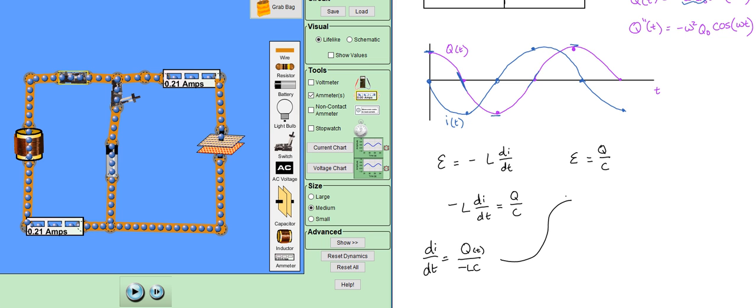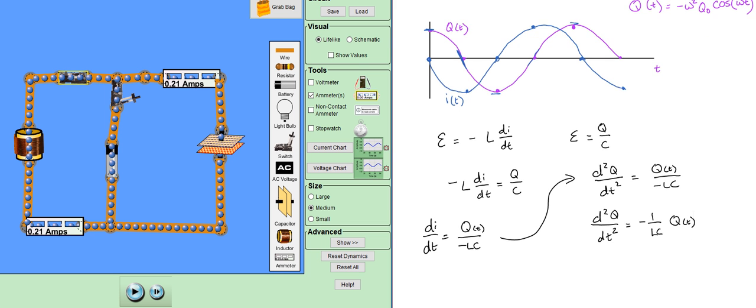So di dt is the same thing as d squared q dt squared, which is what I was trying to say before, and that equals q of t over negative LC. So essentially what we have here is the second derivative of q with respect to time is equal to some constant, negative 1 over LC, times q of t.